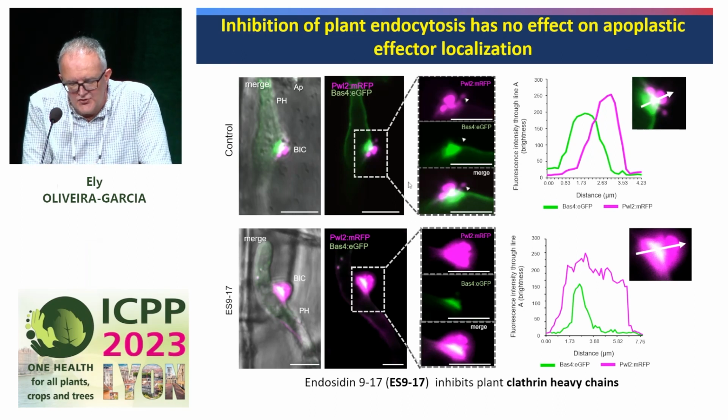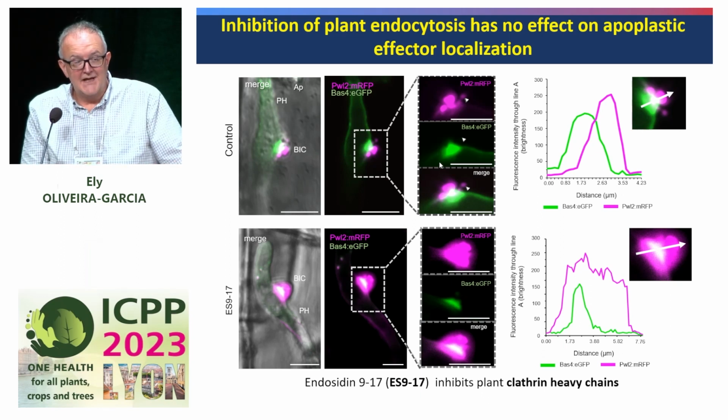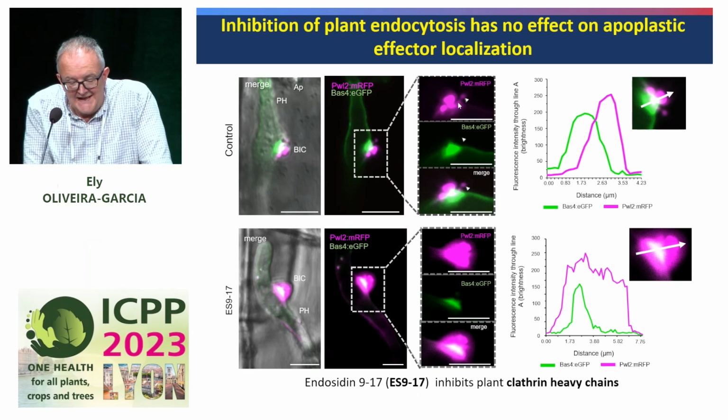And in contrast, if we look at apoplastic effectors, here we're looking at BAS4, then BAS4 will travel normally to the interface between the fungal cell wall and the rice plasma membrane. It still accumulates at higher concentrations at the BIC because of this membrane affinity. And that's in contrast to the fact that PWL2 now no longer forms MECs.